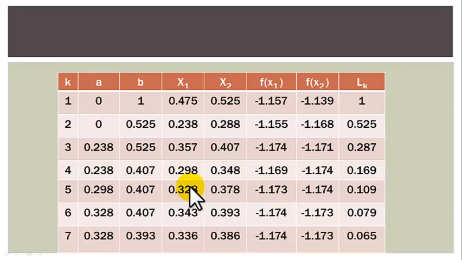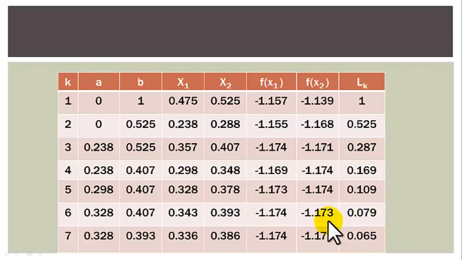Here is our x1, which is 0.328, and b is 0.407. Now, using this interval, x1 is 0.343, x2 is 0.393, f of x1 is minus 1.174, f of x2 is minus 1.173, and the length of interval is 0.079.